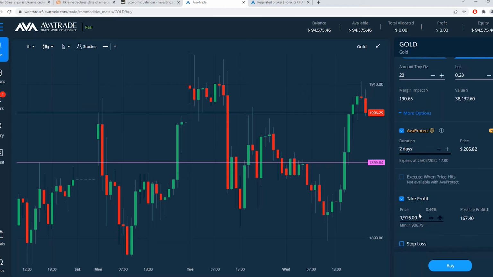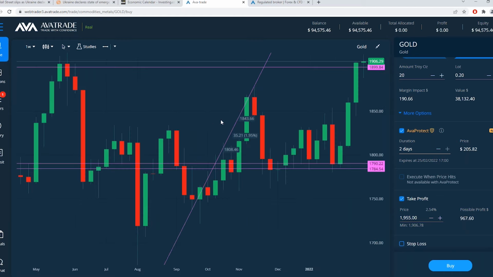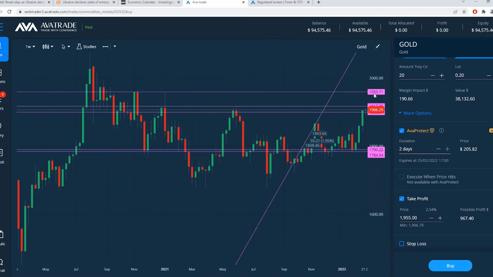My take profit, maybe I put up at, let's say, 1,955. That's assuming it breaks that first resistance. The next resistance we saw in the chart, remember on the 1 week candles, was up here on the 1 week candles at 1959, 1960. That's the next resistance level.